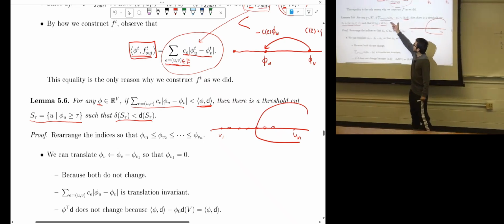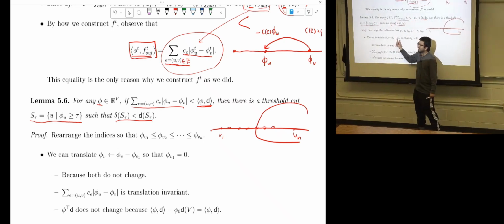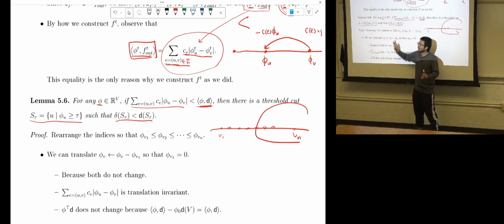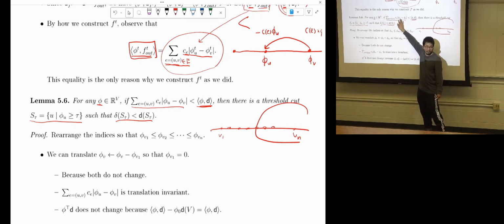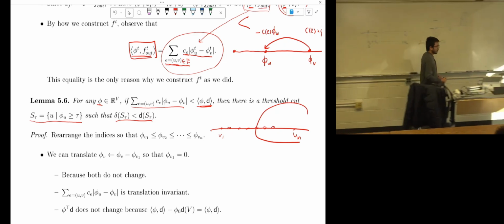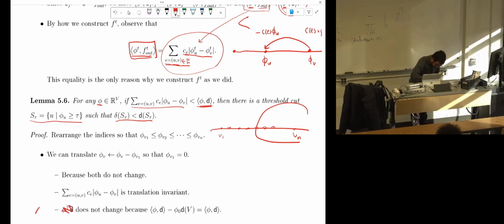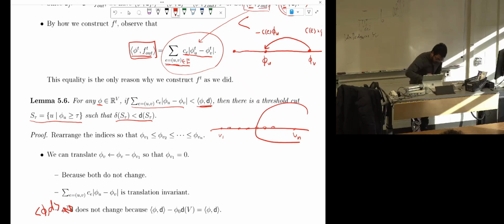If I shift every node by the potential of V1, this doesn't change. Is this clear? Now this is the case too. If I shift everything here, it doesn't change. Why? Because let's look at this thing.